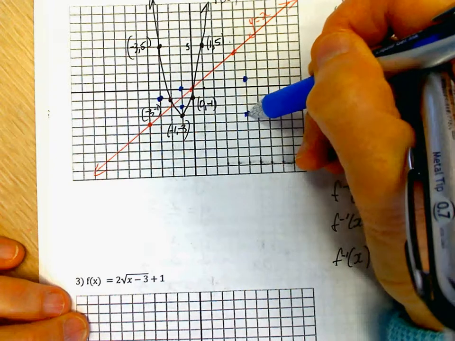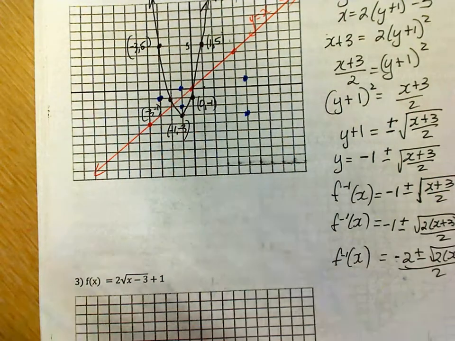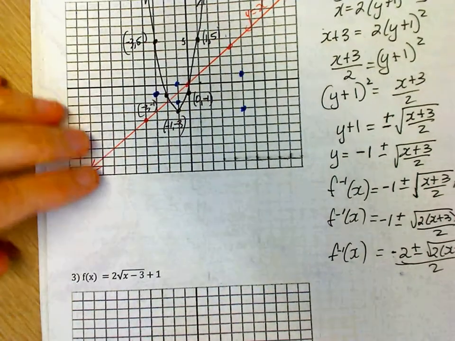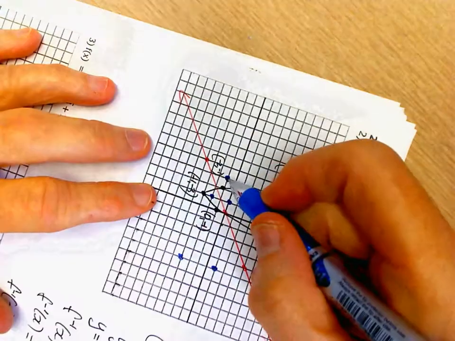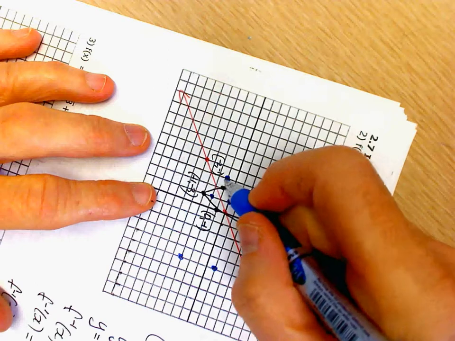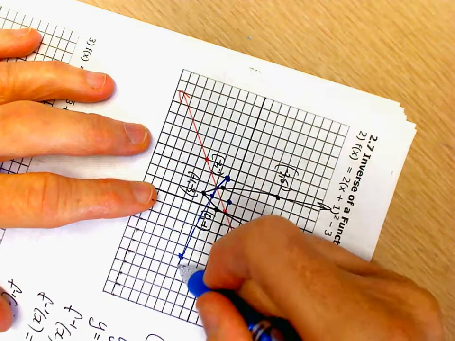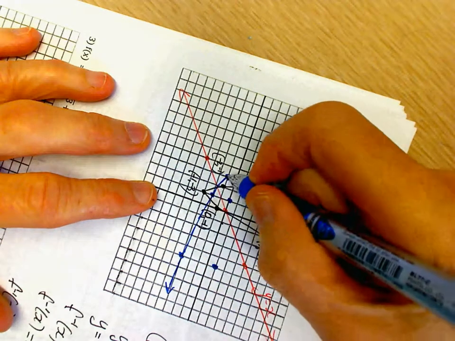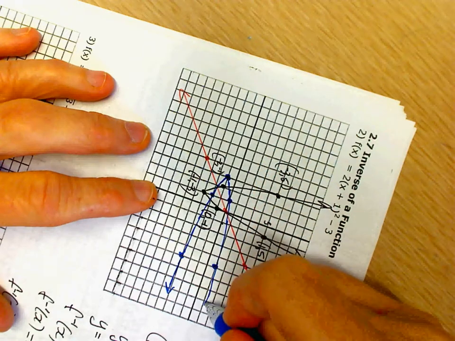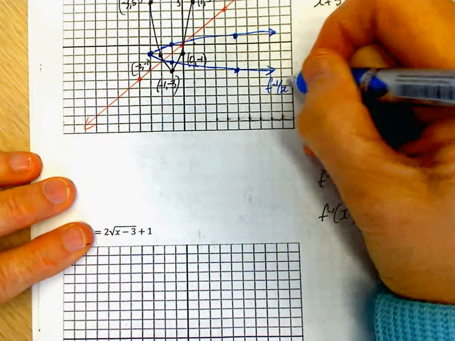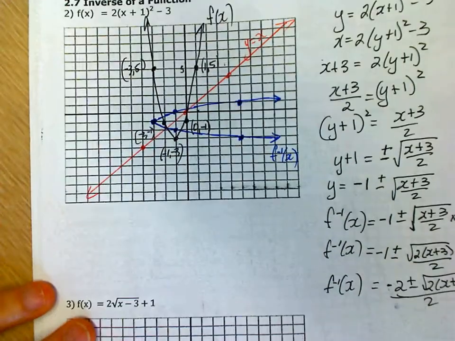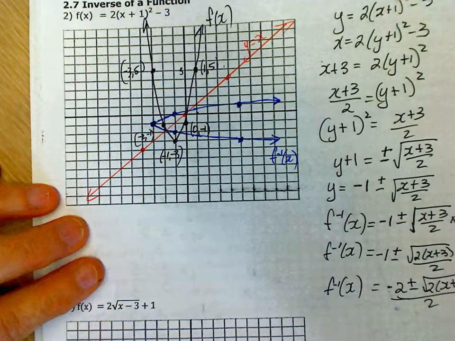So I'll just draw that in right now. You just bear with me and I'll put it back so you can see it. There's my inverse. So you take the original point, swap the x and y, and that's probably the easiest way to do that.